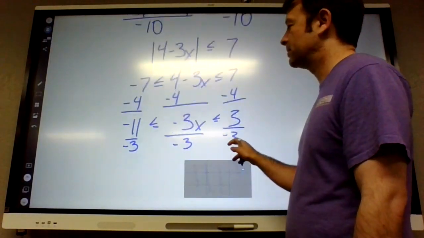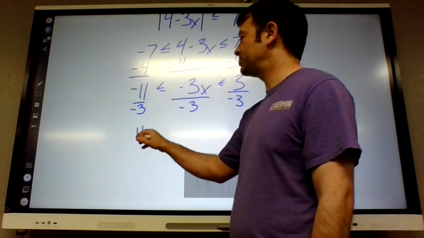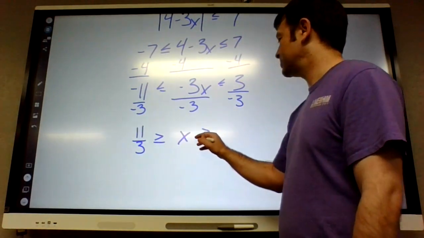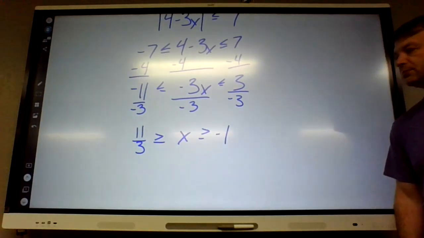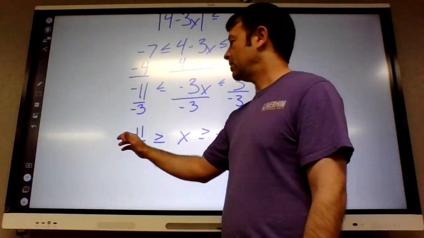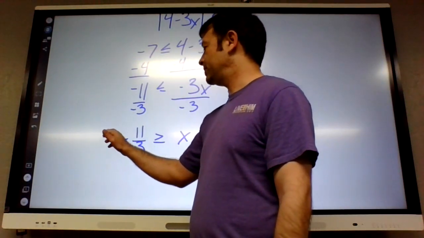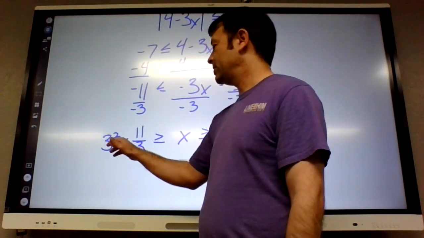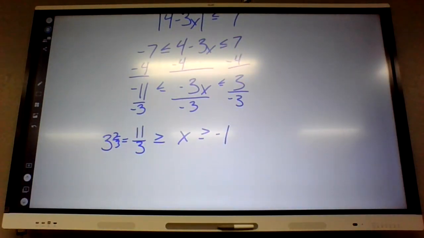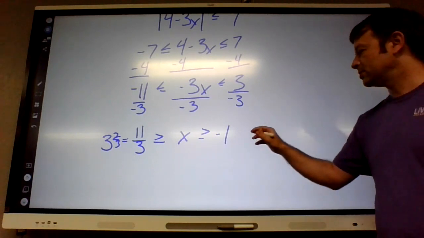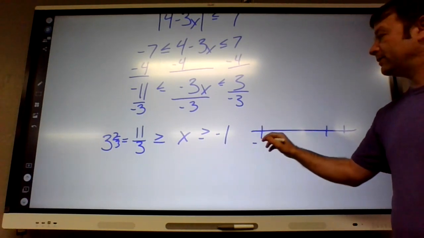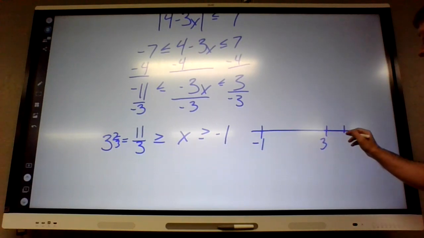Okay, so since we divided by a negative, the inequalities are switching. And 11 divided by 3 is 3 with remainder of 2. The reason I'm doing that is because we're supposed to graph it. Everybody's going to see that. So, negative 1, 3, 4.